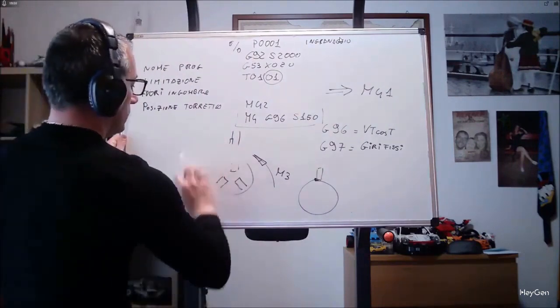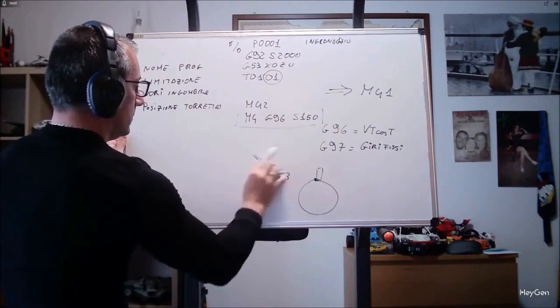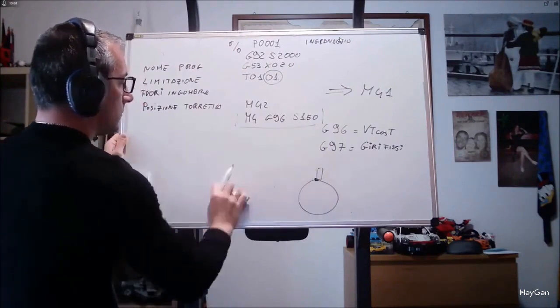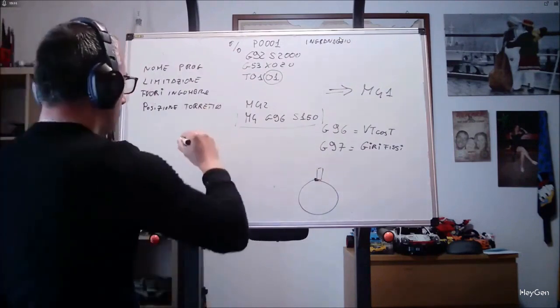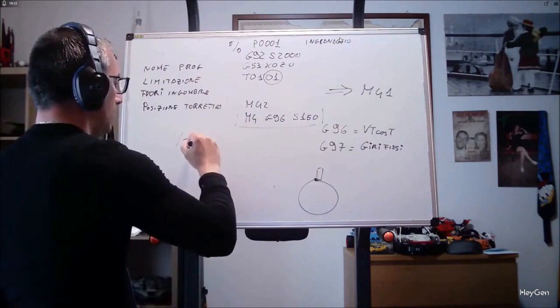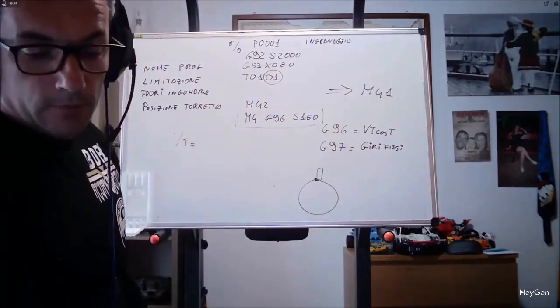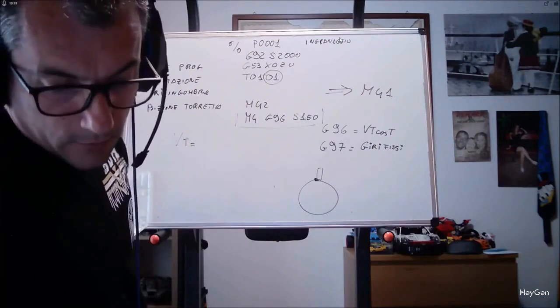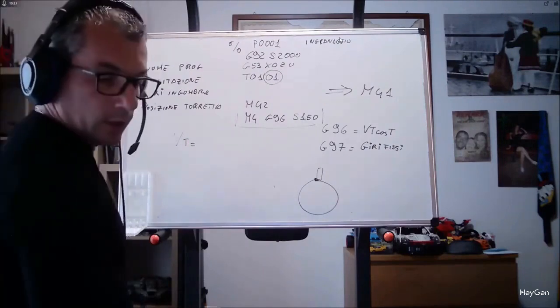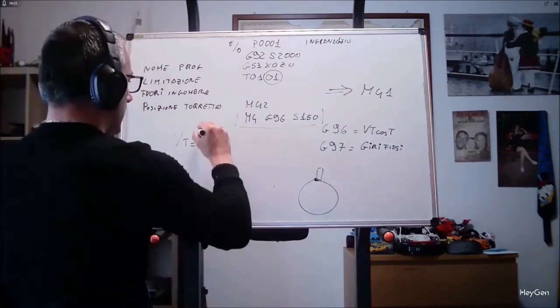Formula: Vt, cutting speed, equals, I have it written here, I don't remember it by heart, diameter times 3.14 times the RPM divided by 1000.